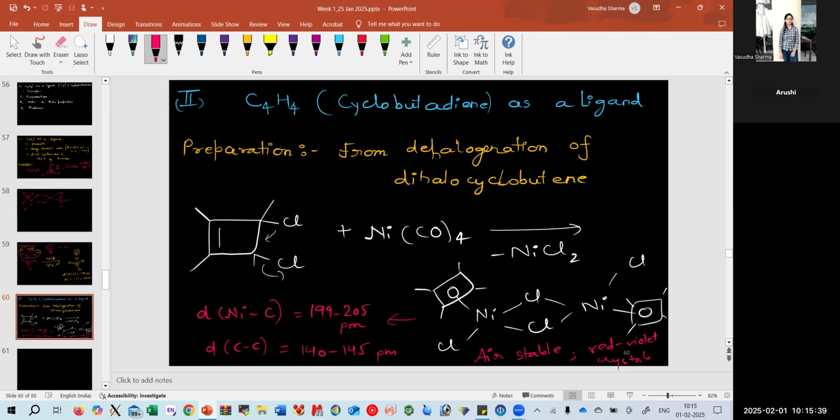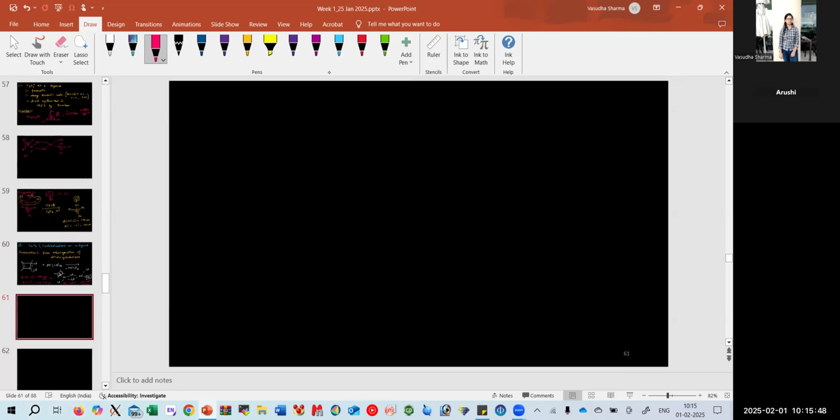Now we'll see the preparation of cyclobutadiene based transition metal complexes. So our next topic is the preparation method. We are doing the preparation the way we talked about earlier, dehalogenation of dihalocyclobutene.